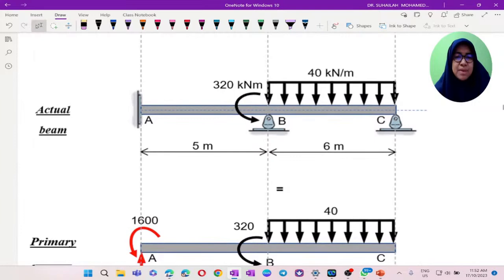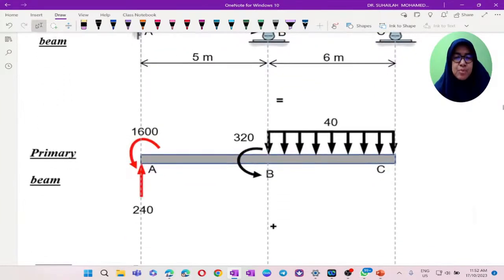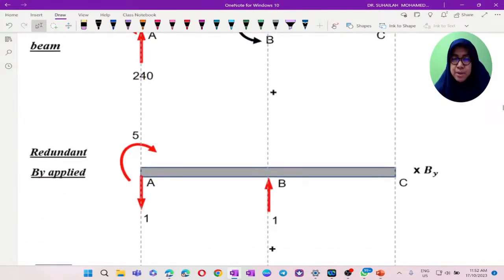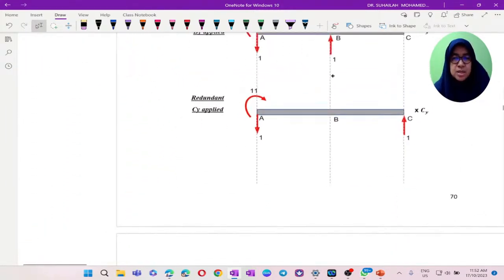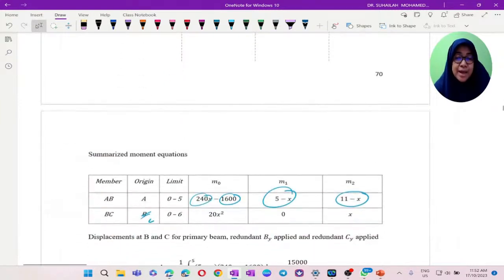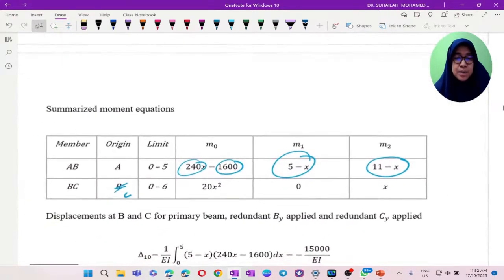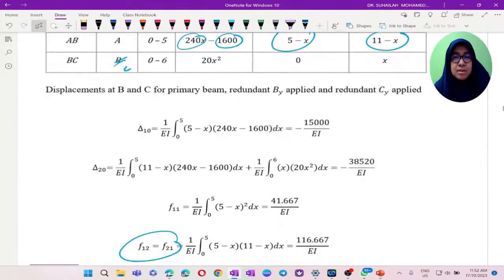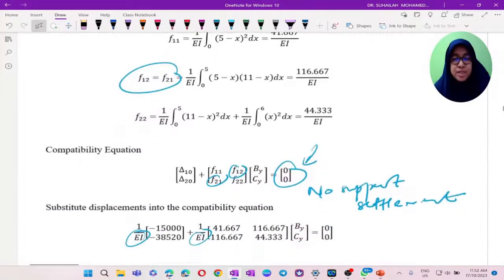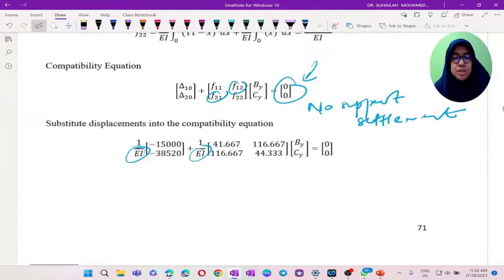Start with the actual beam equal to the primary beam with the reaction, redundant By applied with the reaction, and redundant Cy applied with the reaction. From this we will have the moment equation. The moment equation we summarize into the table, and we calculate the displacement, and then we substitute displacement into the compatibility equation.